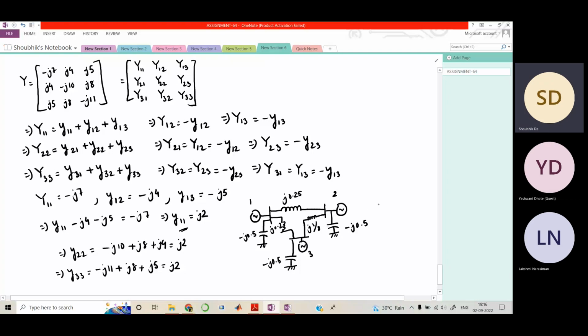So this would be your bus diagram. This is just for your convenience that I am drawing here. I hope this whole thing was clear to you.